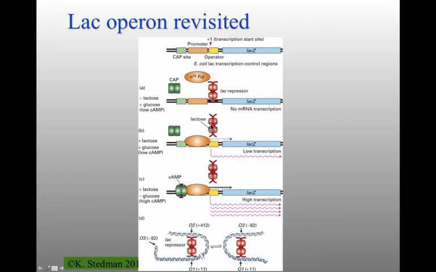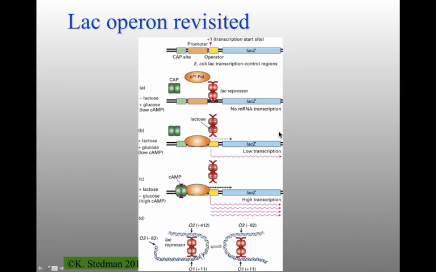And in the presence of glucose, you get a small amount of transcription that takes place here because the RNA polymerase can bind. It just doesn't bind very well unless you have CAP, CRP bound to cyclic AMP, which will stimulate the binding of this RNA polymerase and give you lots and lots and lots of transcription.